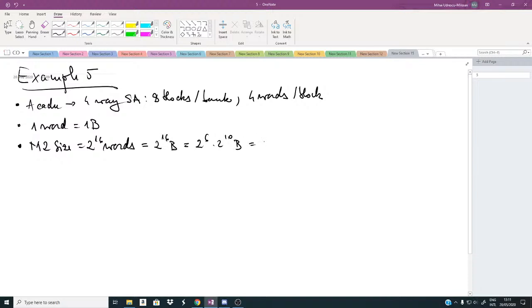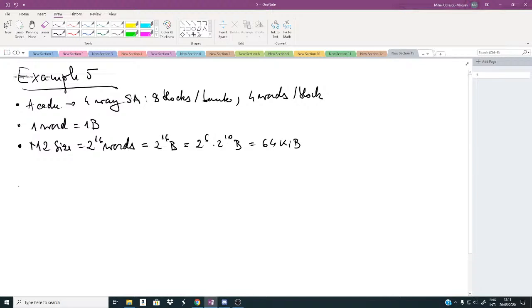So it's 64 kilobytes, right? Of course, this is a very small main memory. It's just an example, right? It's a hypothetical example, such that we will understand a lot of stuff, as you will see in just a few.